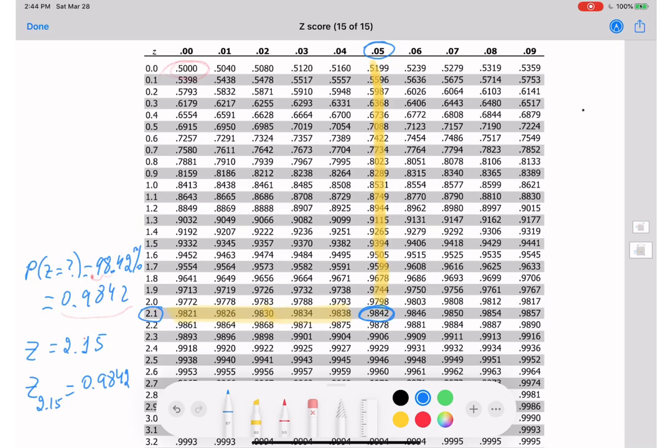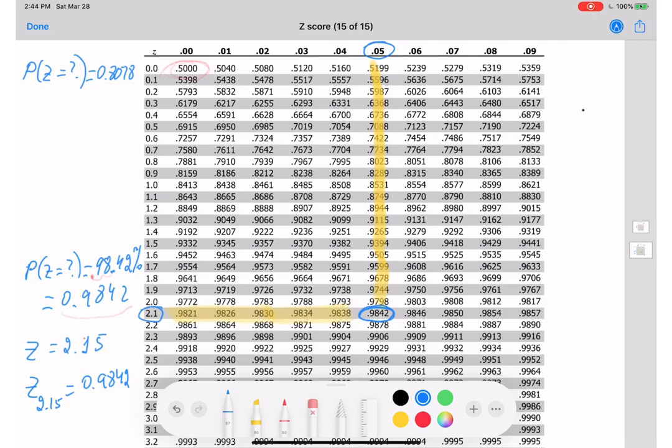Let me take another example. Let's say we need to find the z-score for probability 0.8078. Pause the video and find what z-score is matching, and then come back and check.